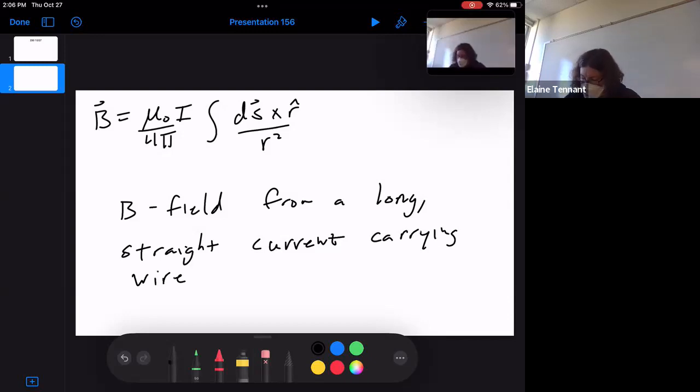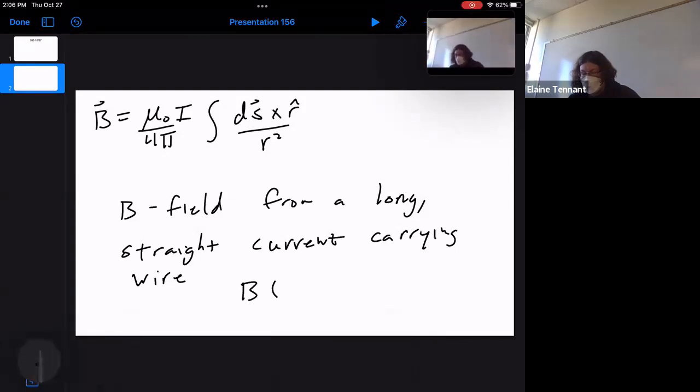Okay, so we're looking for an equation of the magnetic field. And we expect to see things in it, like the current I, constants like mu naught and 4 pi, and also some distance from the wire to the point.